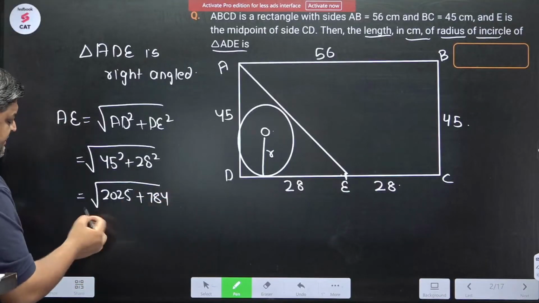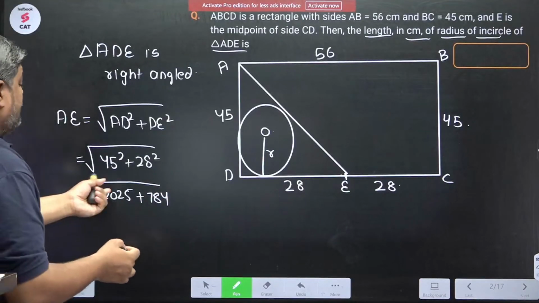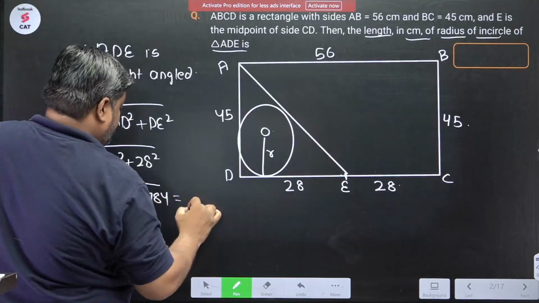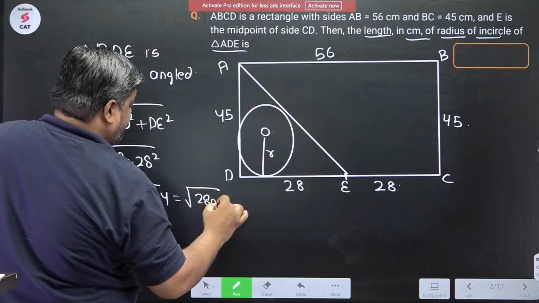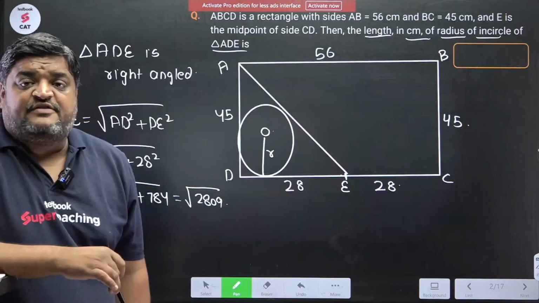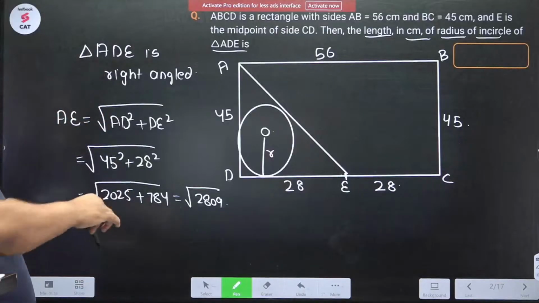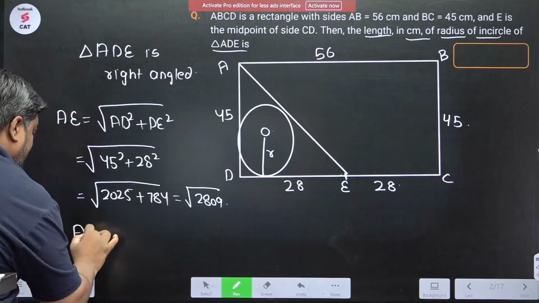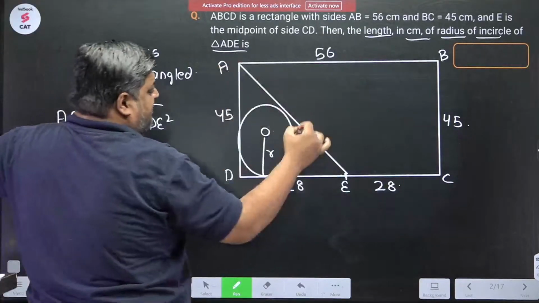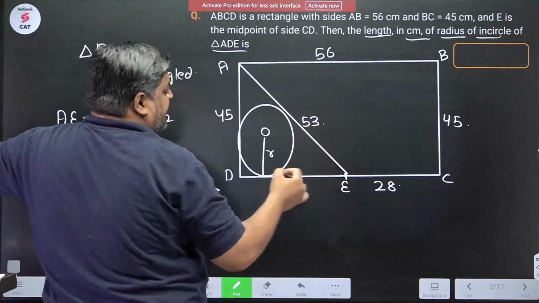When we add both of them, we get 2809. The square root of 2809 is 53. So AE is nothing but 53.